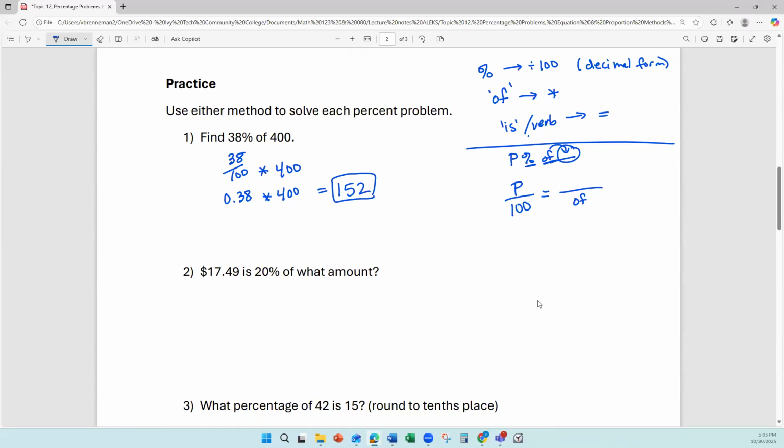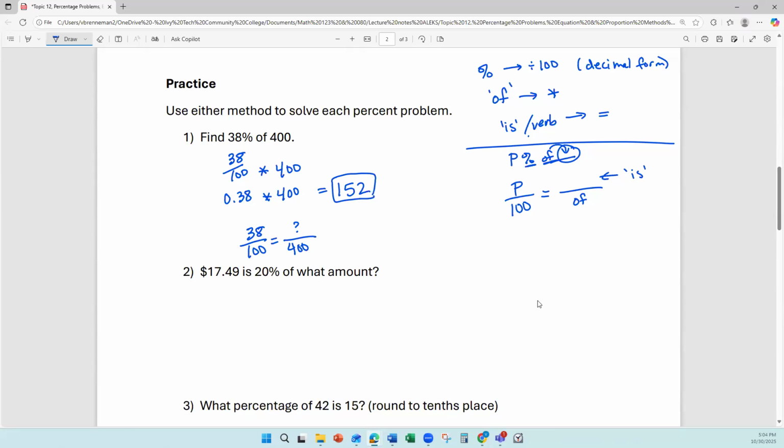And then the other value, potentially is, but that's less clear, sometimes would go on top. So here we're looking to find 38% of 400 as a proportion. It would be 38 over 100 equals, it's of 400, so the 400 goes here. So equals what over 400? So you do 38 times 400 divided by 100, something similar.